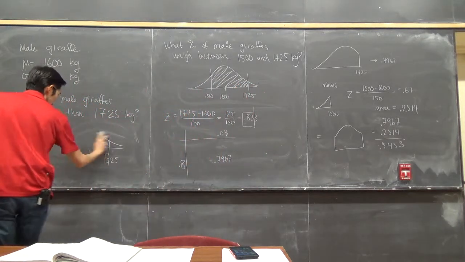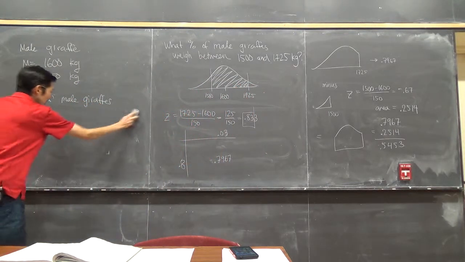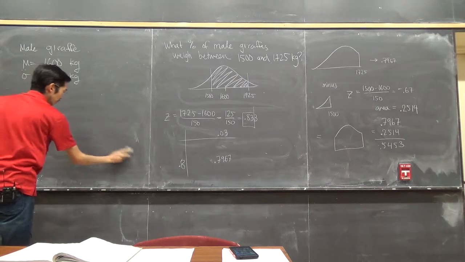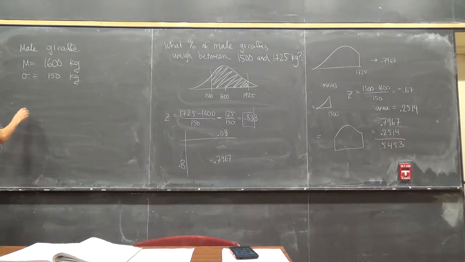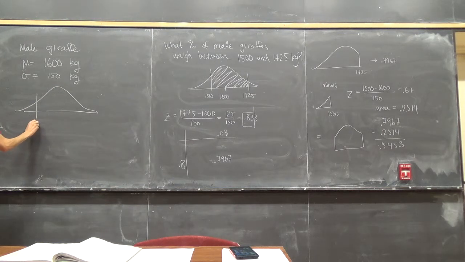So if you look up z equal to negative 1.0, what the table is giving you is the area to the left of negative 1. Always, 0 is in the middle. Looking up z equal to negative 1, you'll get something like 0.1587. That is the area to the left of negative 1. It's not anything else.